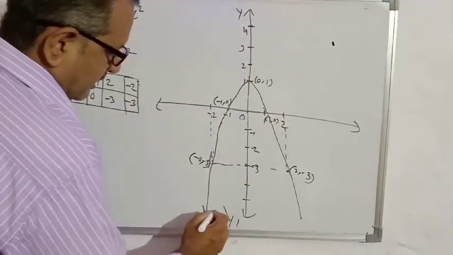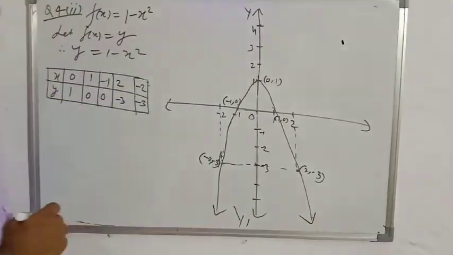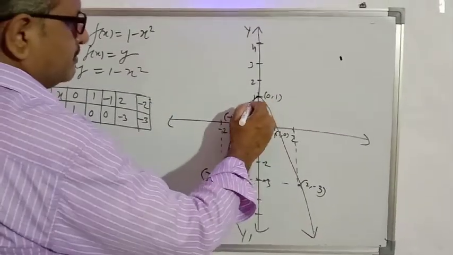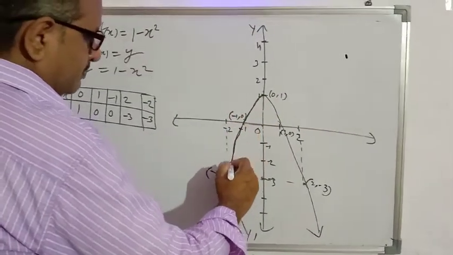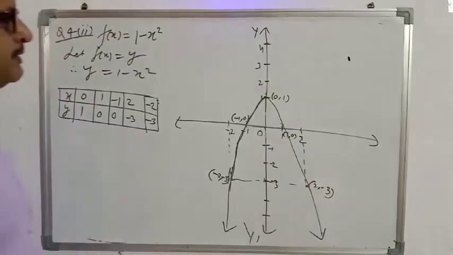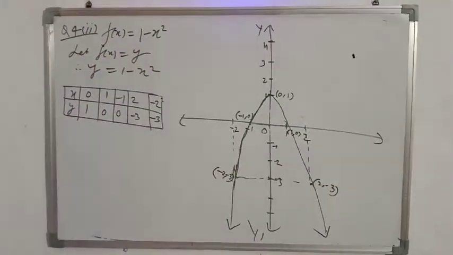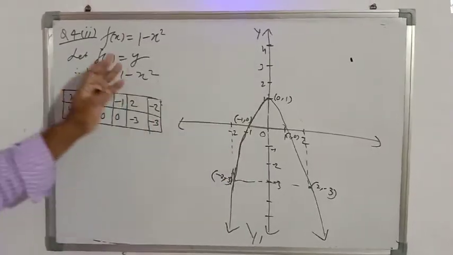So we will get the graph like this. It is a downward parabola. So the graph of f(x) = 1 - x² is this one. With the help of this graph, we have to find the range.